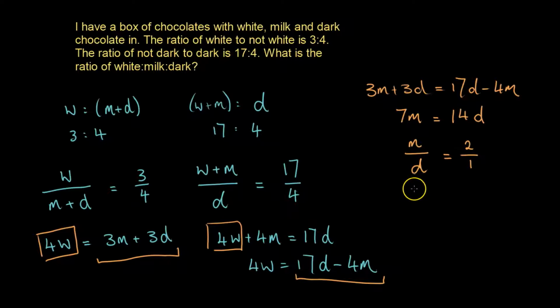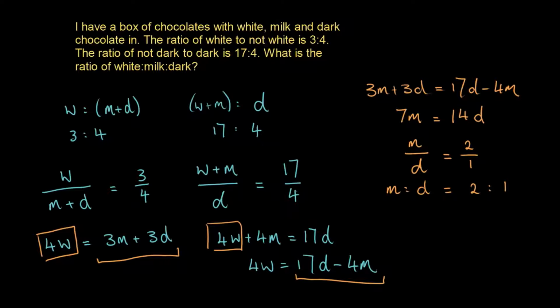So the ratio between m and d, or the number of milk chocolate pieces and the number of dark chocolate pieces, the ratio between those two is equal to 2 to 1. So for every 1 piece of dark chocolate, I will have 2 pieces of milk chocolate. Hopefully it makes sense up to there what we've done.